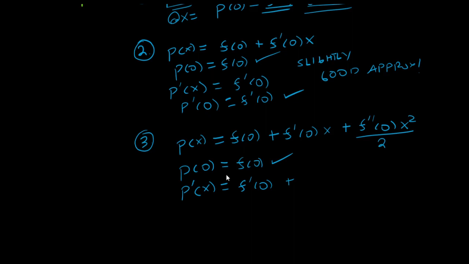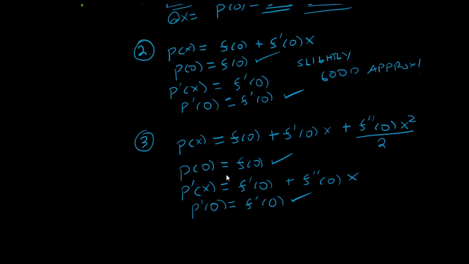Bakit may 2? So, 2 power rule divided by 2 is 1. So, f double prime of 0, x. Since may x to, pag in-evaluate ko to sa 0, ito ay makakancel. F prime of 0. Okay, check, no?